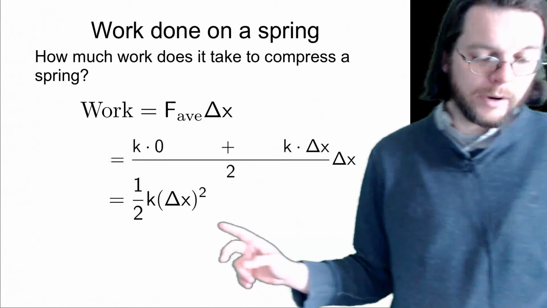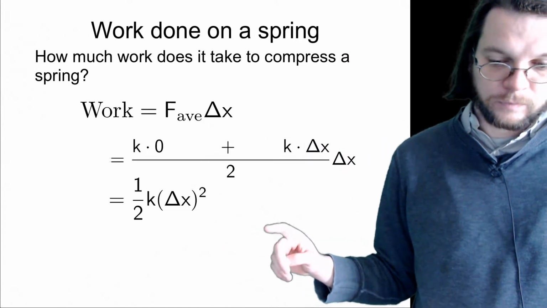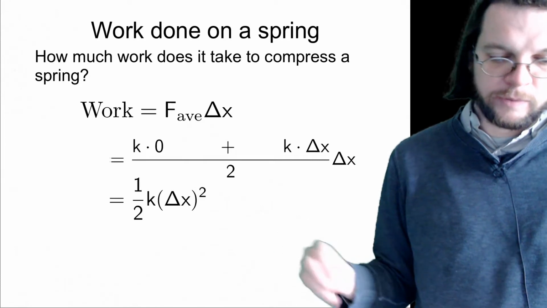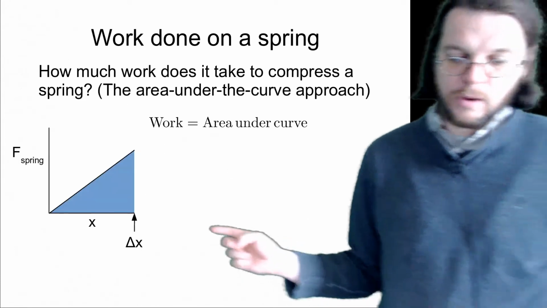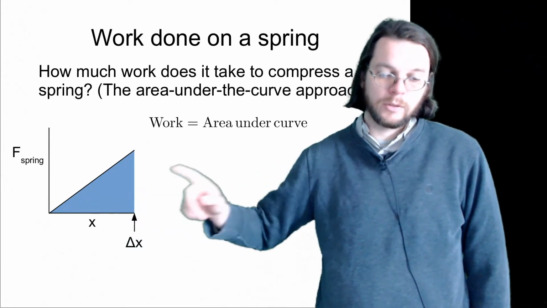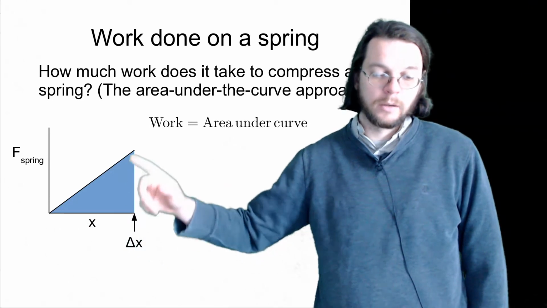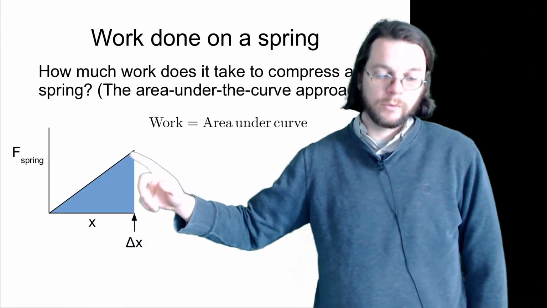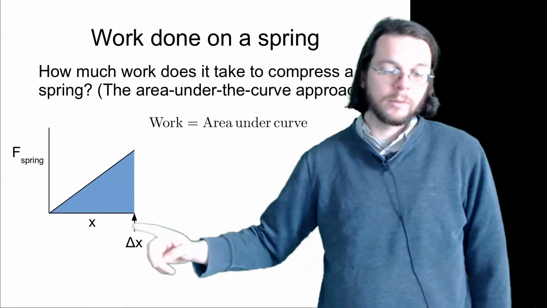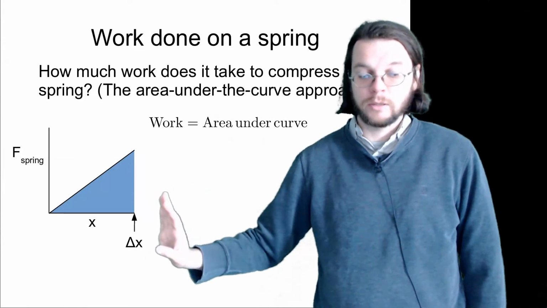An interesting way of thinking about this result is in more of a graphical sense. So, for example, if I think about the restoring force that the spring provides, the more I compress this spring, the more force it requires, to the point where I get all the way to here, which is the maximum compression that I'm going to do, the delta x.